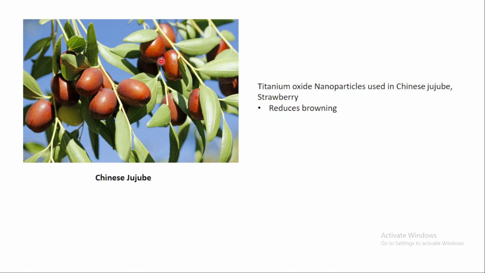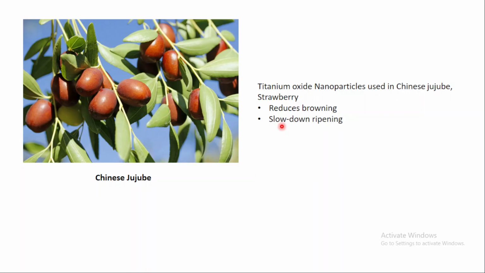So many of these fruits not just get sold because of the taste. So the food industry also puts effort in preserving the aesthetic value of the food. So much brown and blacker berries are less likely to get sold to the market. So titanium oxide nanoparticles reduce browning of the jujuberry.